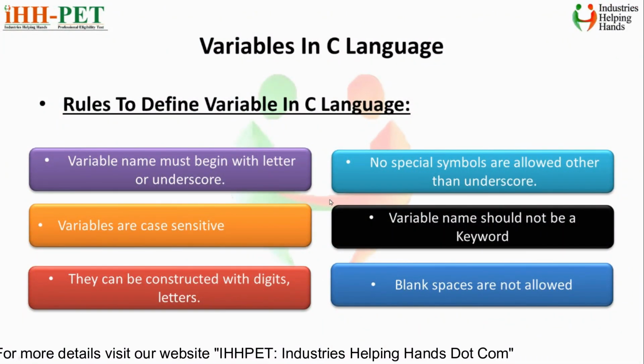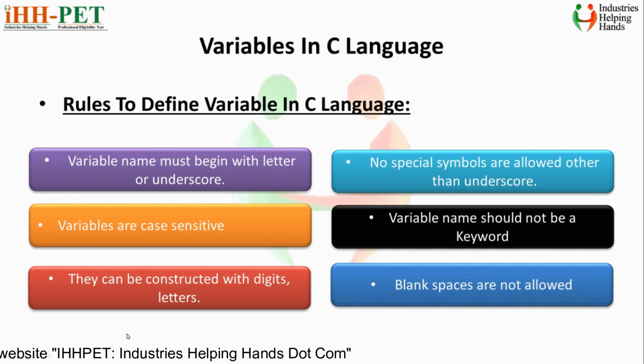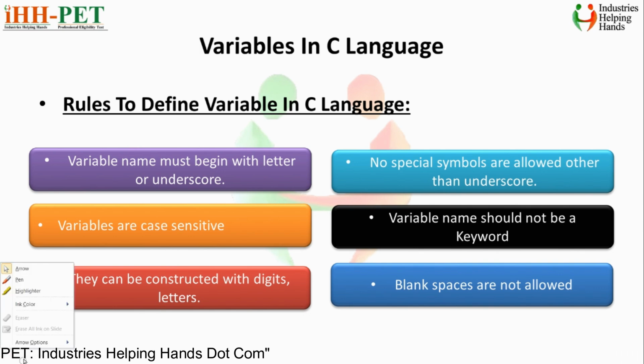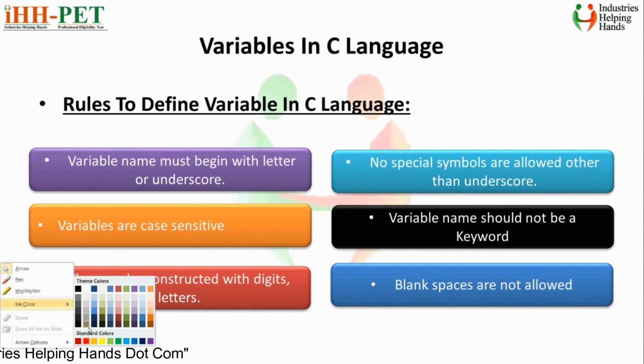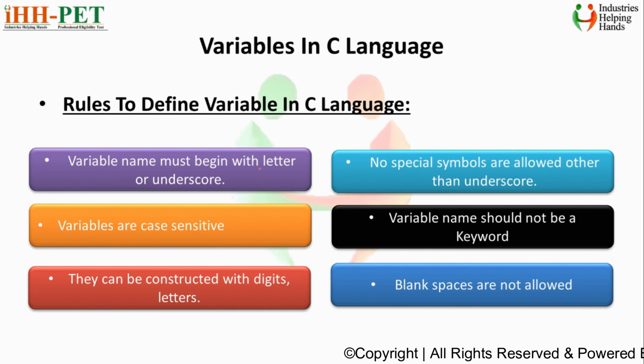In this PPT you can see the rules to define variables in C language. As you all know, there are some rules predefined by the developers, so we can use them to define a variable in C language. Variable name must begin with a letter or underscore.